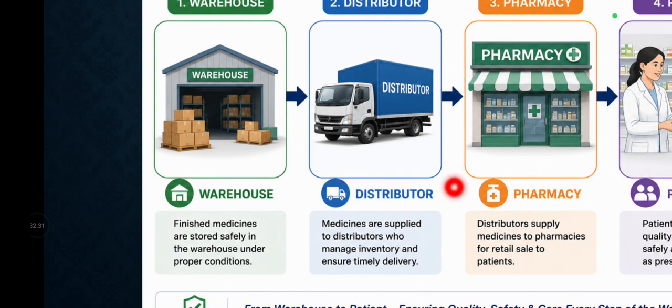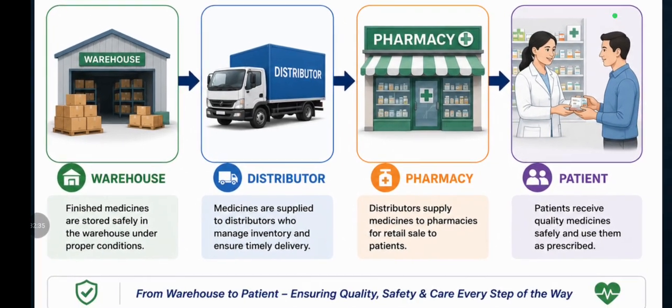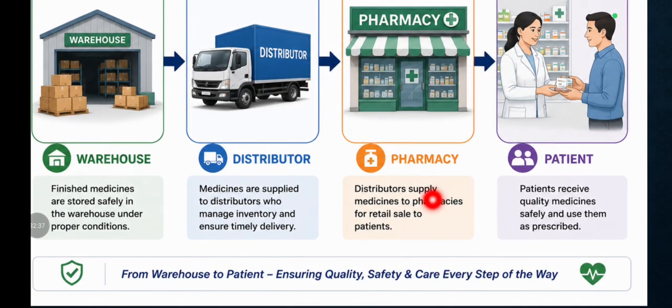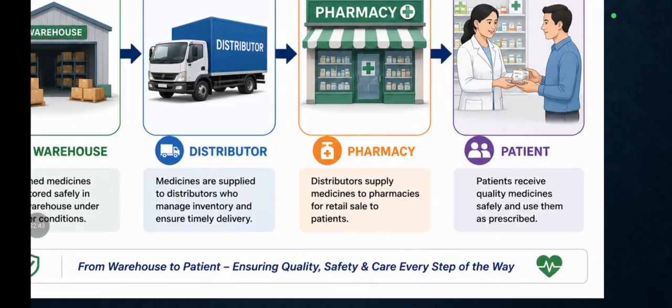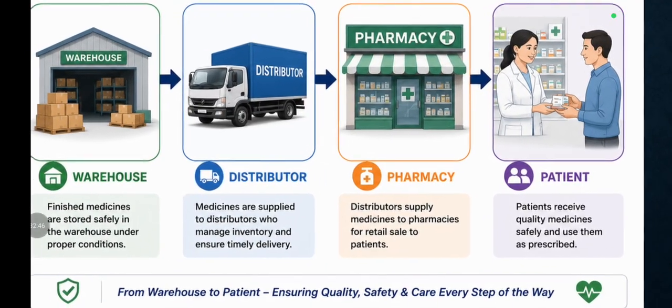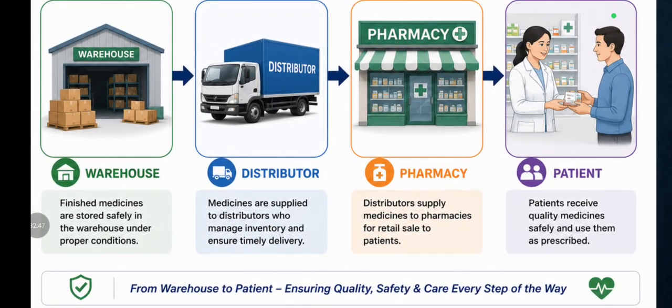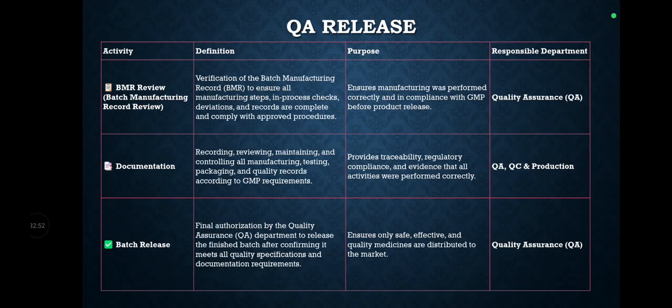Medicine is supplied to different distributors, and after that it will go to pharmacy stores, pharmacists, hospitals, etc., and then to the patient. So from the warehouse to the patient, ensuring quality, safety, and care every step of the way.